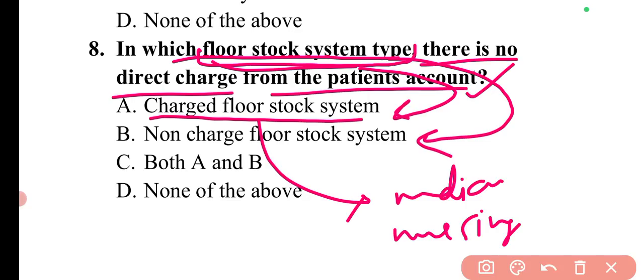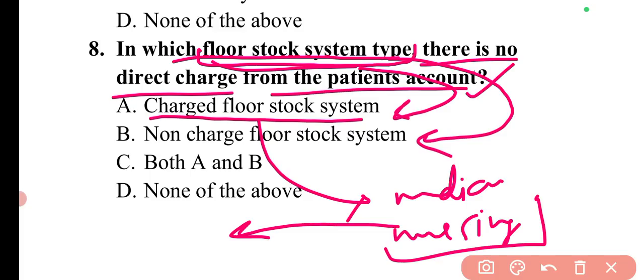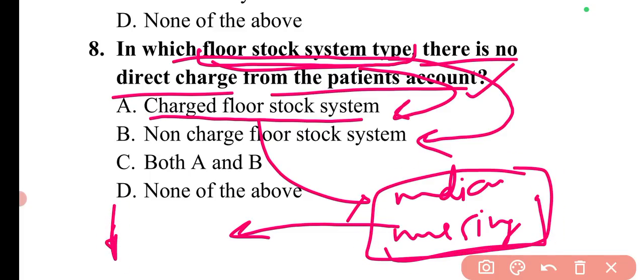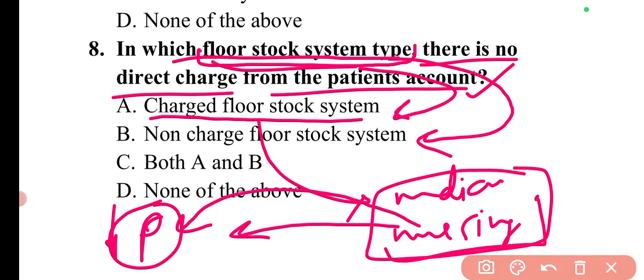The patient is charged when the medication is given to that patient. Whenever nurses give the medicine to a patient, after medication he needs to pay the amount for the medication prescribed. So the patient is charged for every single dose administered to him. This is the main thing in the charged floor stock system.